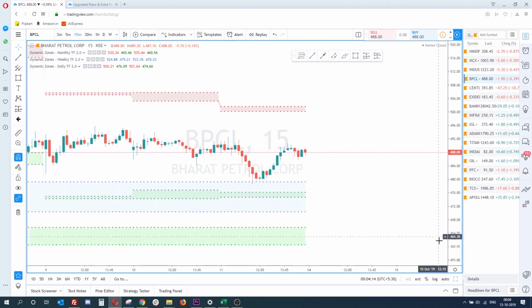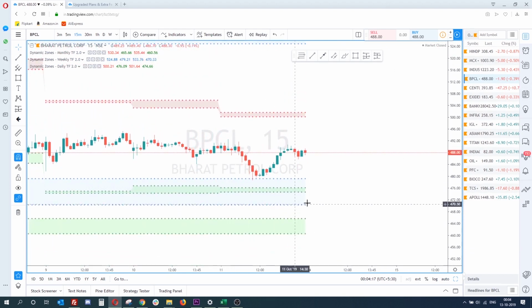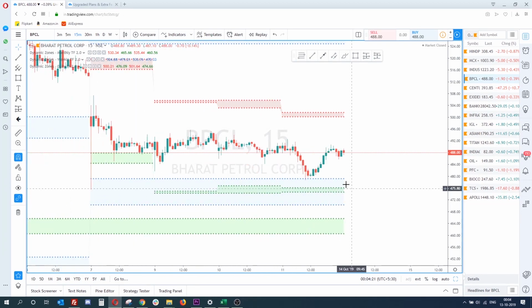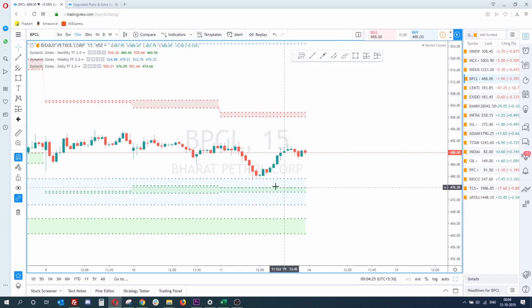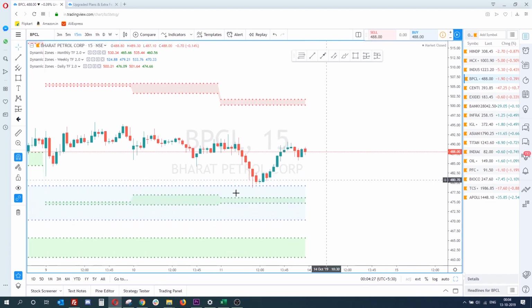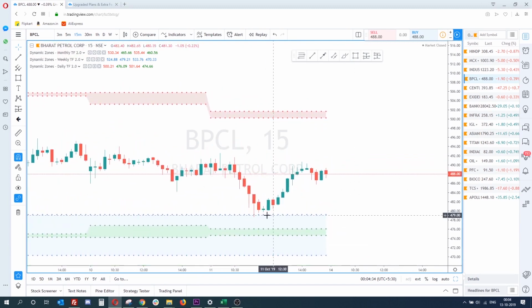Although this is not a perfect overlap of zones, because the weekly zone here is quite huge, the daily zone is here, the weekly zone is too huge, and the stop loss would be here. So it doesn't favor my stop loss. The reason I chose this is because I'm going to consider other factors as well.